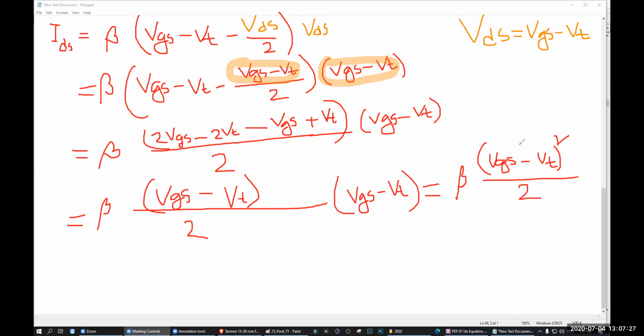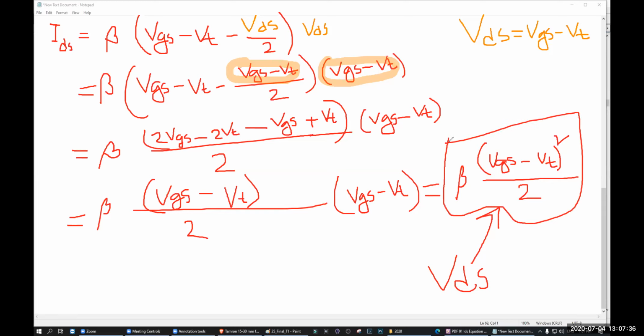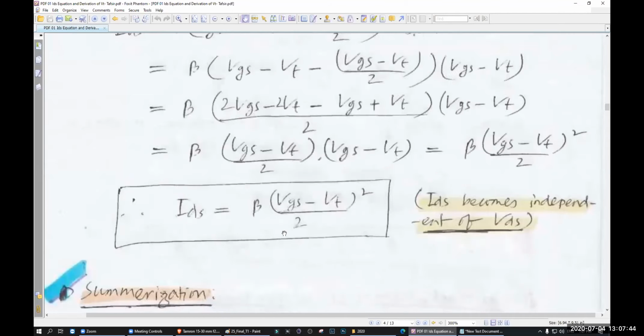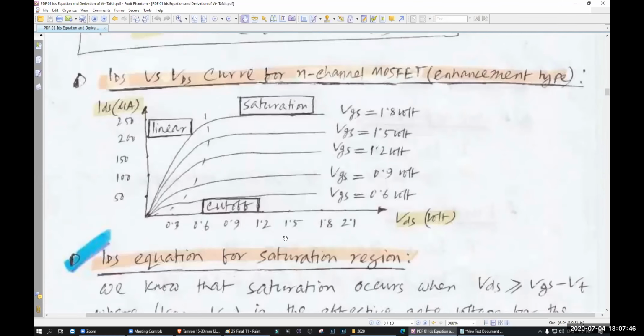See here, there is no VDS. Is there any VDS in this equation? No, right? Now, since there is no VDS, what will happen if the VDS increases?